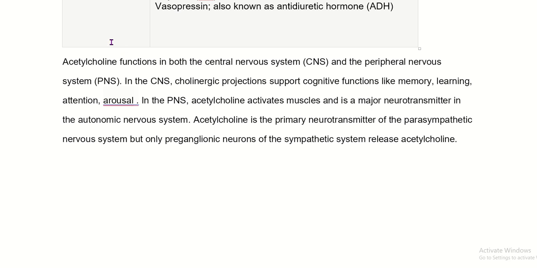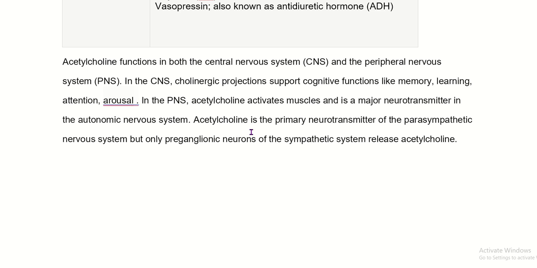Acetylcholine is the common neurotransmitter found in both the central nervous system and peripheral nervous system. In the peripheral nervous system, it activates muscle and is the major neurotransmitter of the autonomic nervous system.